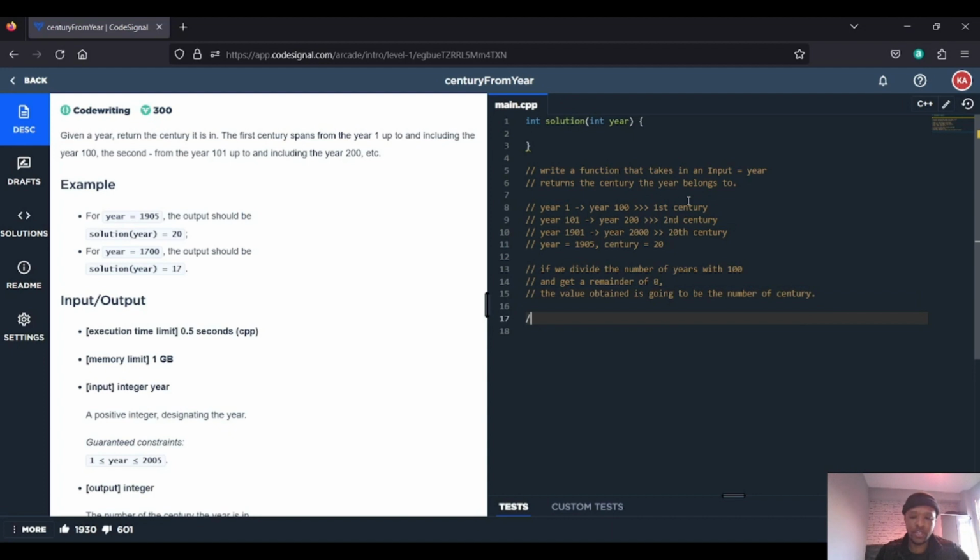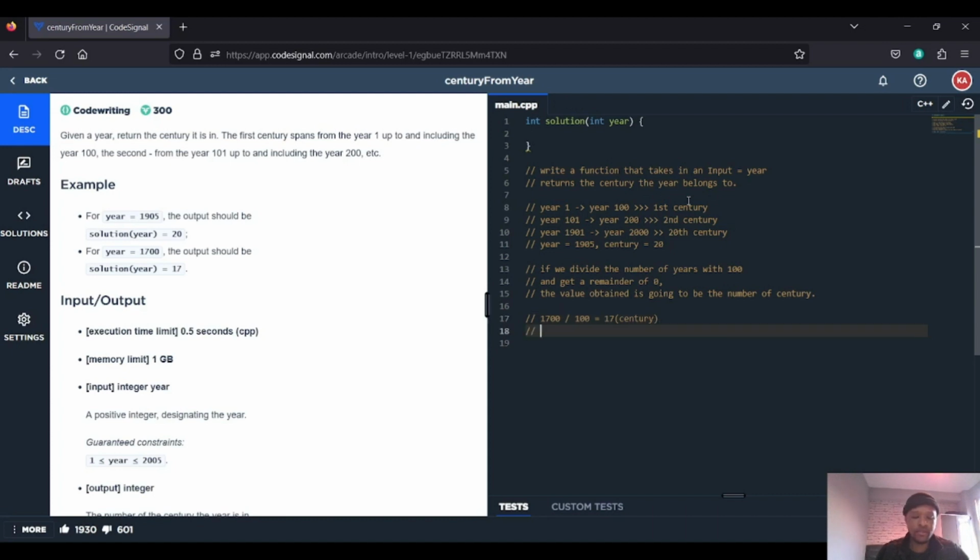For example, if we take 1700 and divide by 100, we don't get a remainder here because it will be straight away to give us a value of 17. So this is going to be our century. Okay, so this is going to be the value of the century for the year 1700. So it will tell us that 1700 belongs to the 17th century.